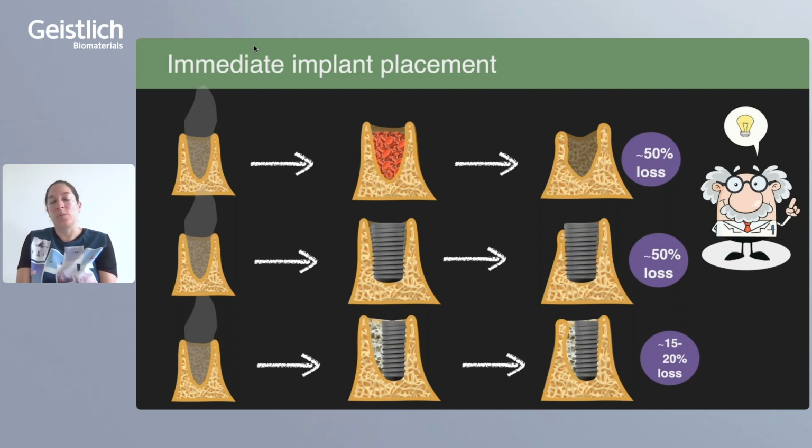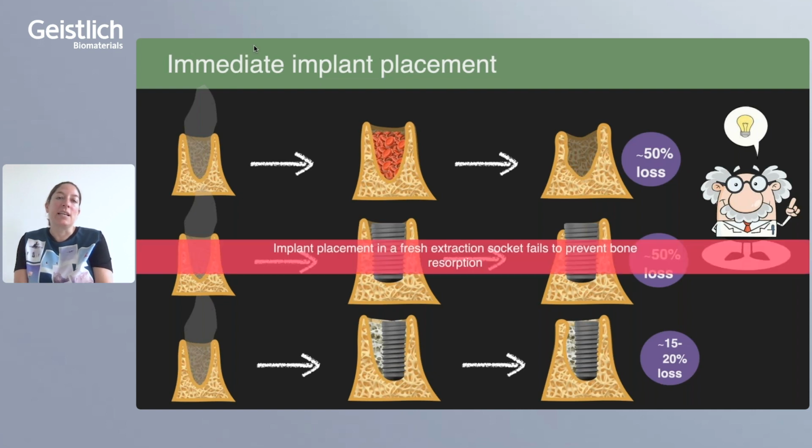When a guided bone procedure is done at the time of implant placement, which you see at the bottom line, then the resorption can be a bit reduced. It will still have between 15 and 20% of volume loss in these cases. So we cannot prevent bone resorption when placing immediate implants.